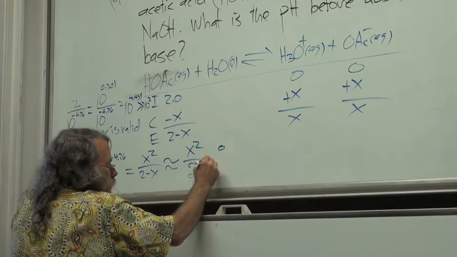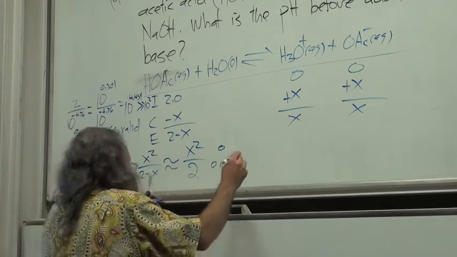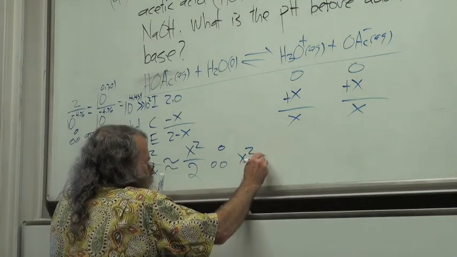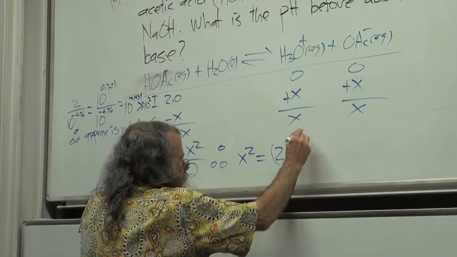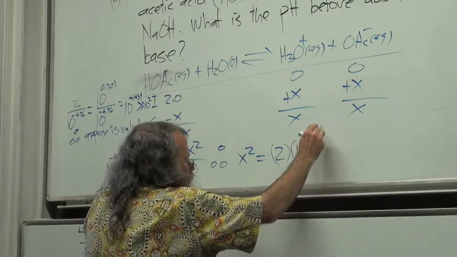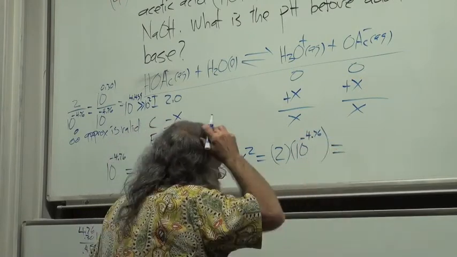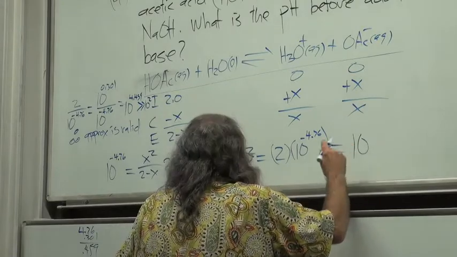And therefore, X squared is equal to 2 times 10 to the minus 4.76, which is equal to 10 to the, what is 2?